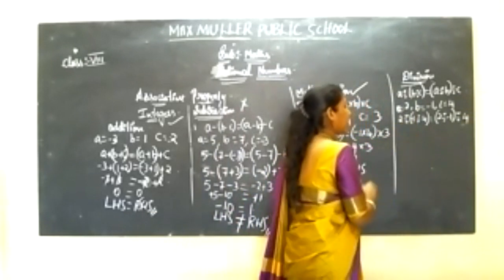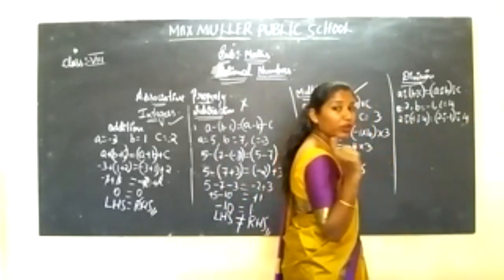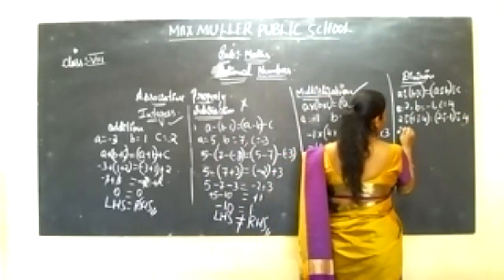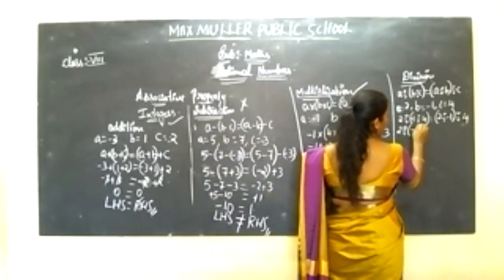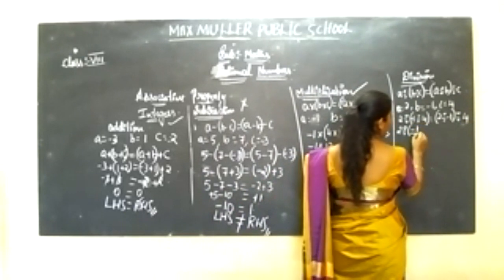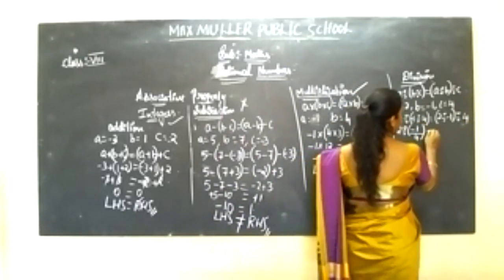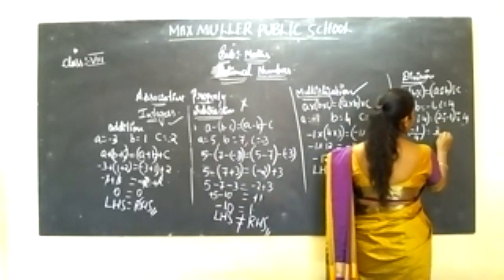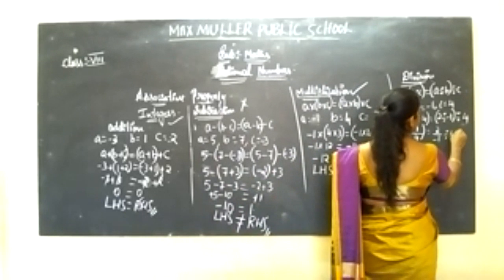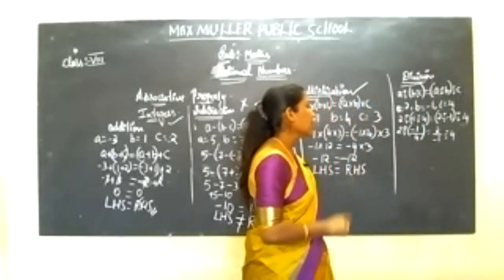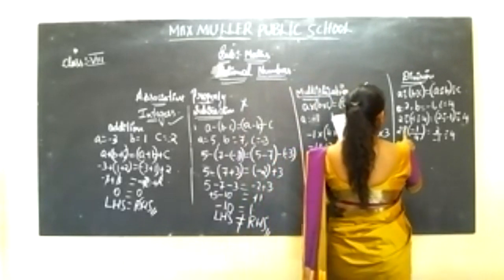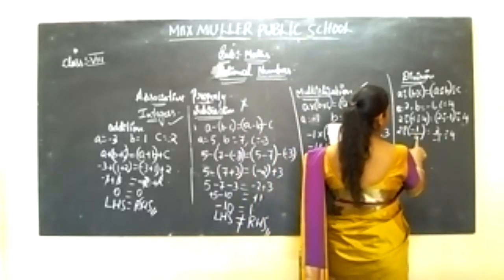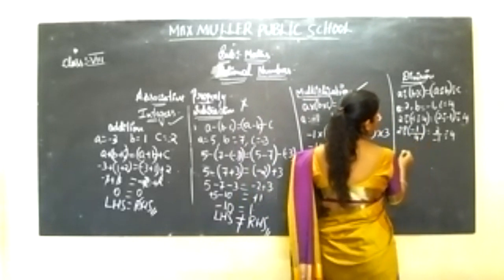Now what you have to do here? 2 divided by. As I told you, you have to remove the bracket first. So write 2 divide like that only. Write in this form: -1 divided by 4 is equal to 2 divided by -1, 4. You write it like this. Now see, 2 divided by -1 by 4 is given.